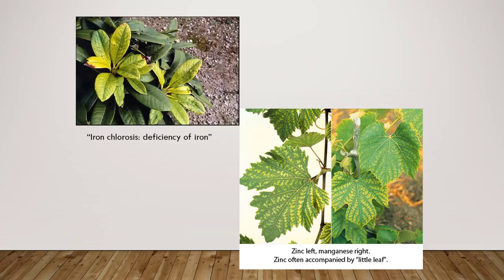Once they start getting up around neutral in pH, they will get this kind of damage, and it's an immobile nutrient, so it's the new growth that shows up this way. And here on the right we have zinc on the left and manganese on the right.